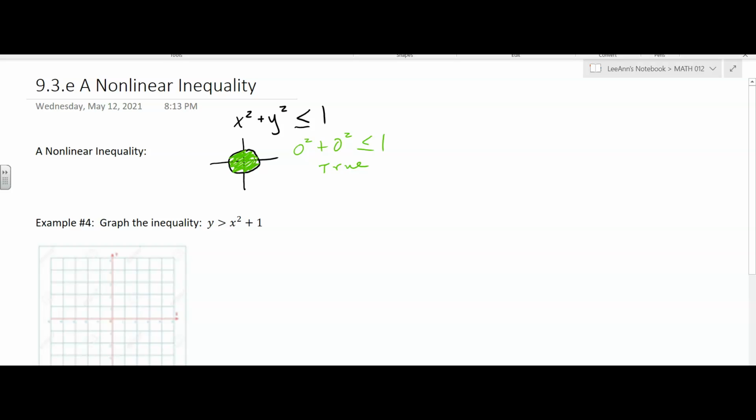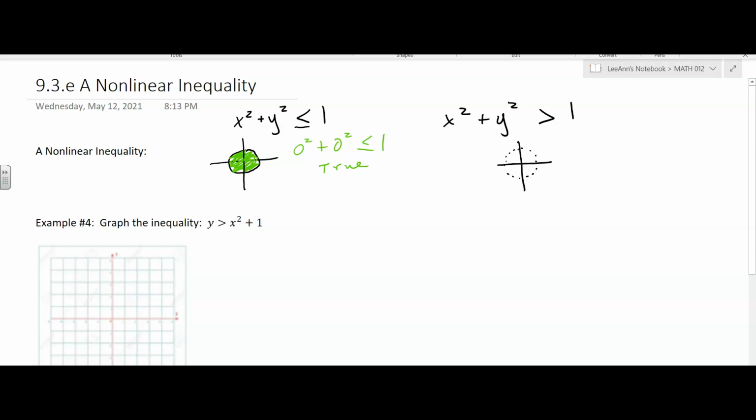Now, let's say you have the inequality x squared plus y squared is greater than 1. Well, you still would graph the circle of radius 1. Oh, no, not like that. I changed it just so I could show you. You're going to have to make it a dotted circle.